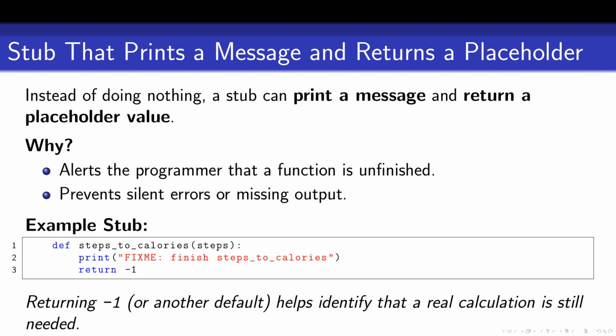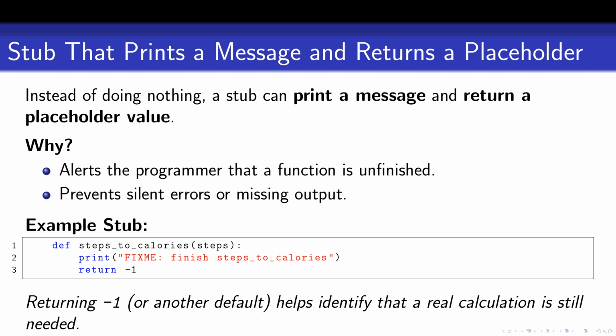This strategy prevents confusion during testing and helps avoid silent errors. A placeholder return value makes it obvious that your logic still needs attention, while allowing the program to remain functional.